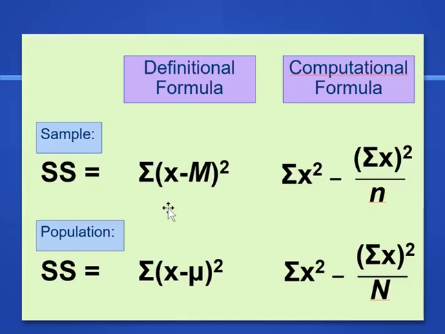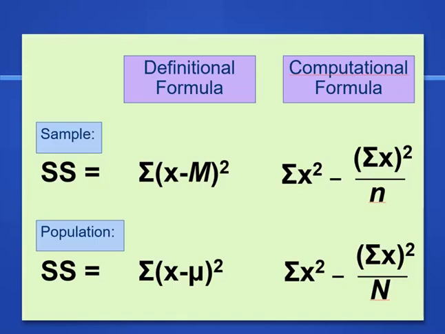So if you had a data set of 10 numbers, and you use this formula to compute the sum of squares for that data set, and then you turn around and use this formula to compute the sum of squares for that data set, you would get the exact same answer. So both of these equations will return the same value. If they don't, you're doing something wrong.